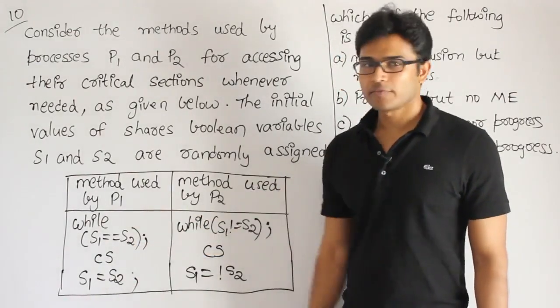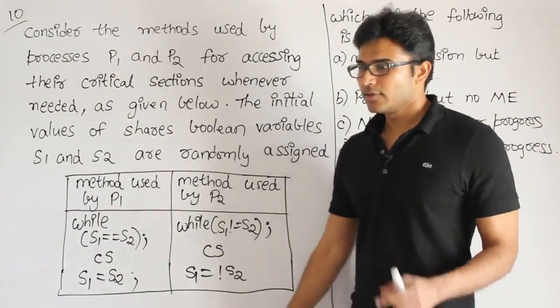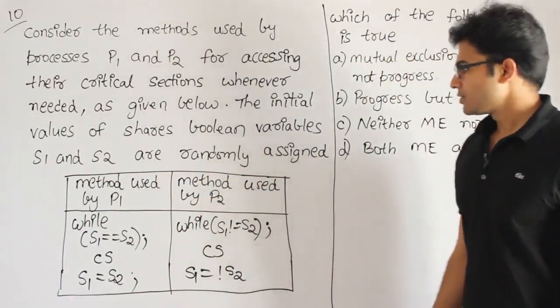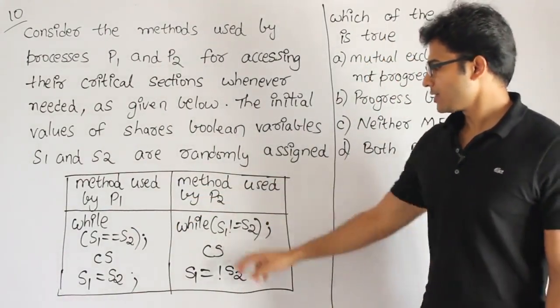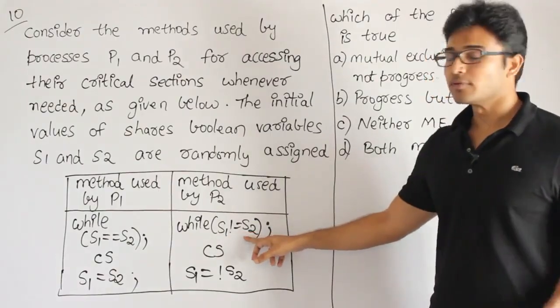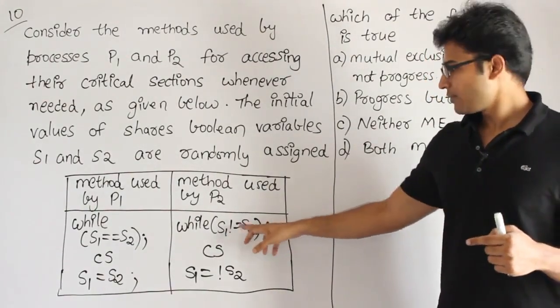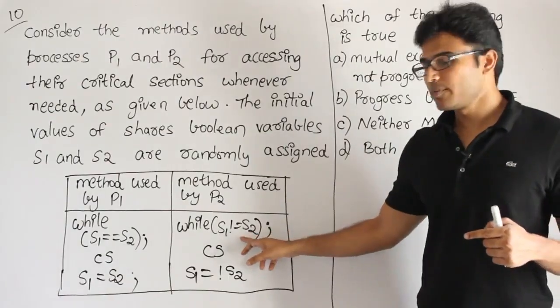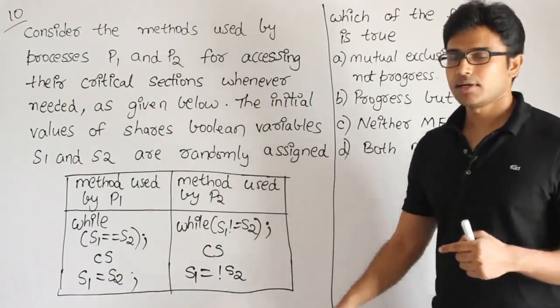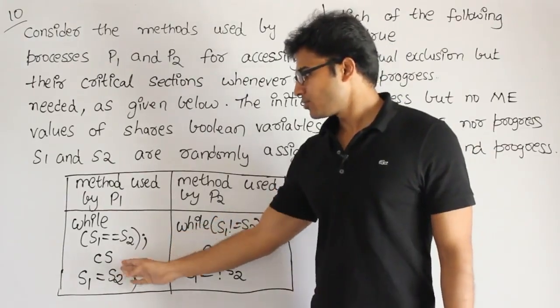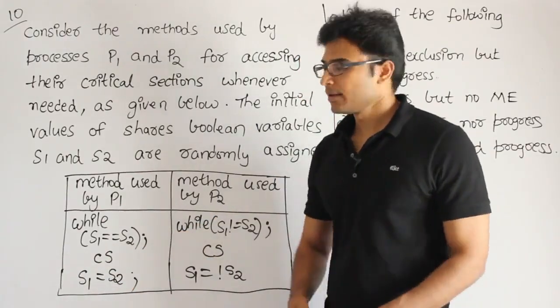Therefore, for P1 to enter the critical section, s1 should not be equal to s2. Similarly, for P2, the condition is while s1 is not equal to s2. When s1 is not equal to s2, it will be in the infinite loop, and whenever s1 is equal to s2, it will break the loop and get into the critical section. After the critical section is over, they give the chance to the other one.